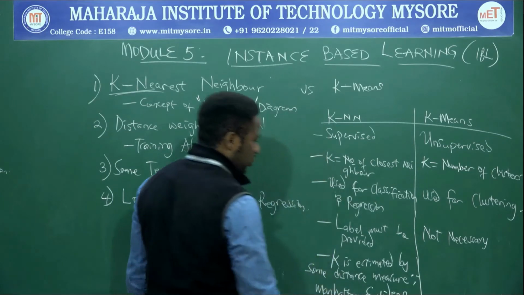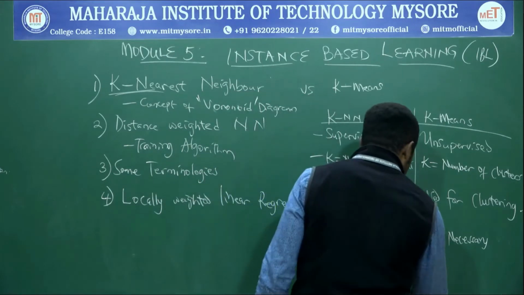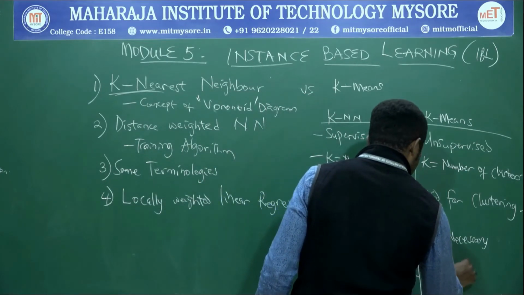I'm going to focus more on the Euclidean, right? And here K is estimated.